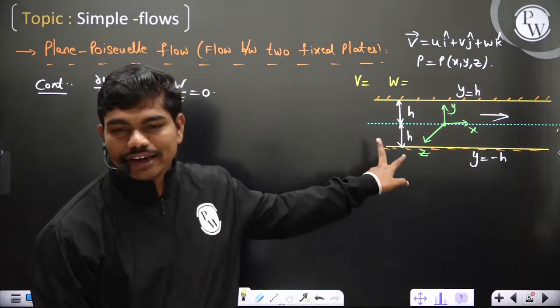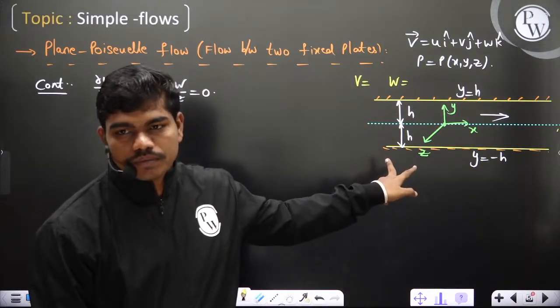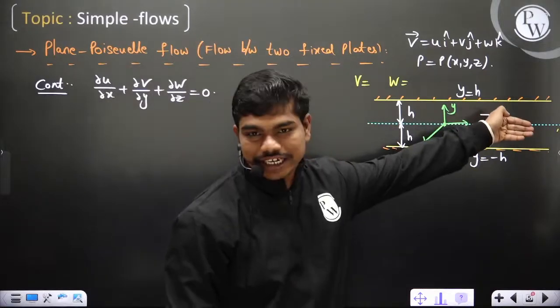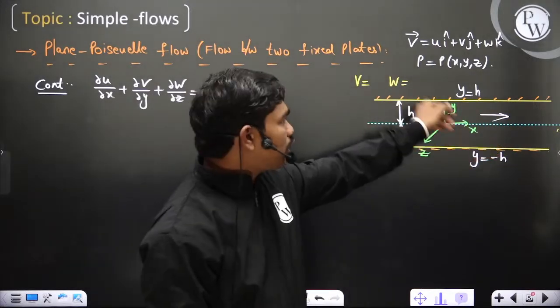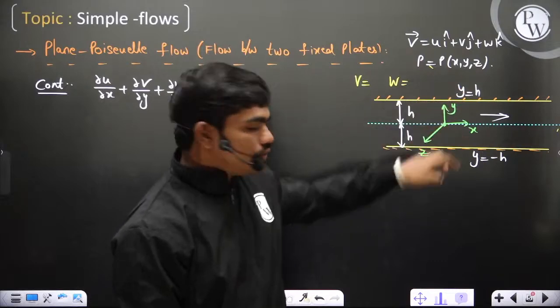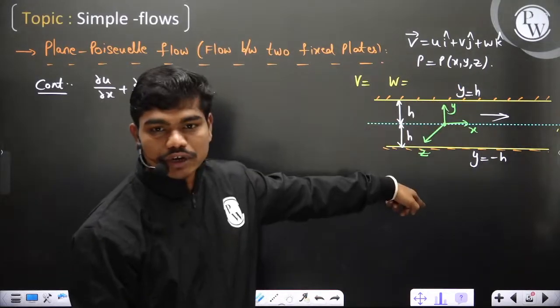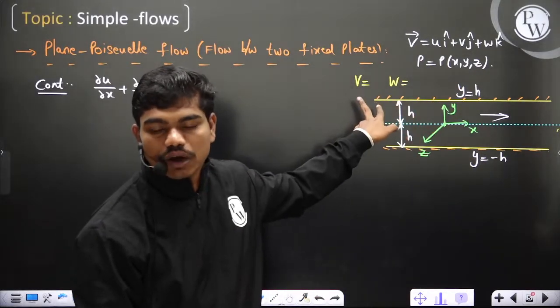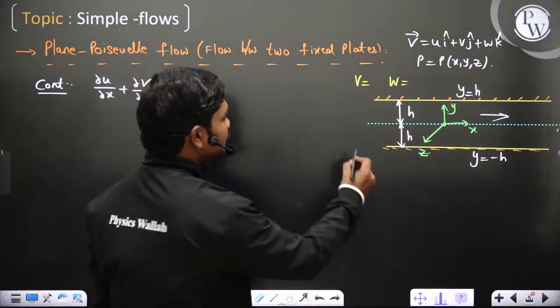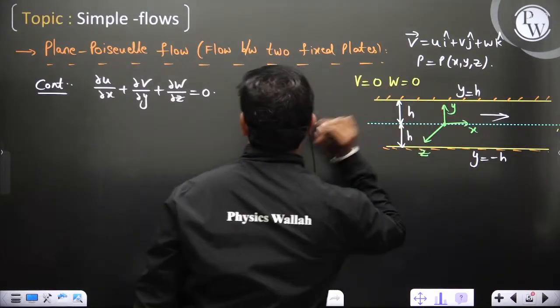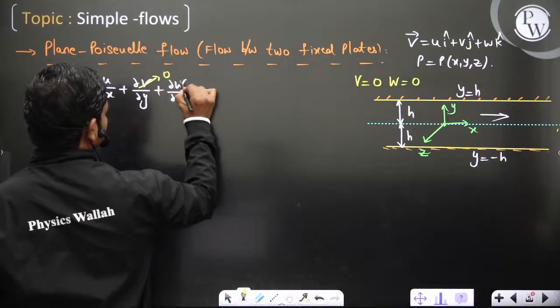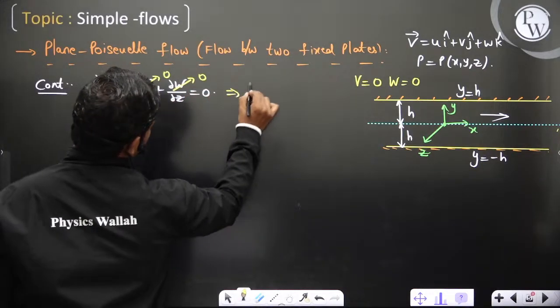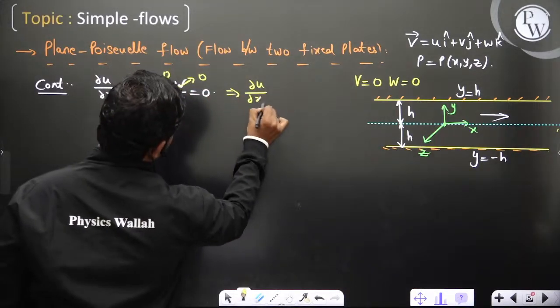If the x component of velocity is defined as u, and there is no flow in the y and z directions, then what are the values of these components? Zeros, right? So v is 0 and w is also 0. And this gives you dou u by dou x is 0 in this case.